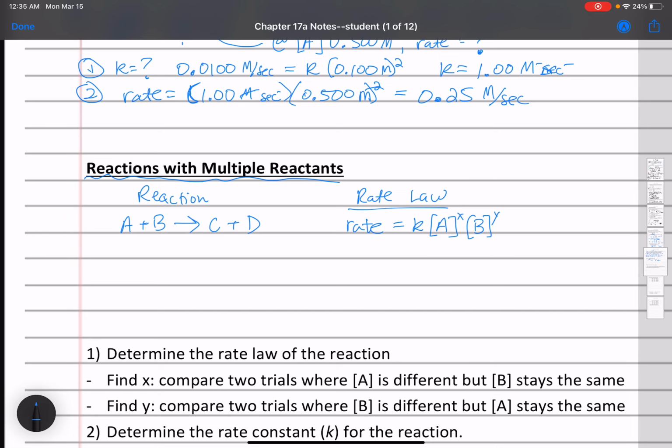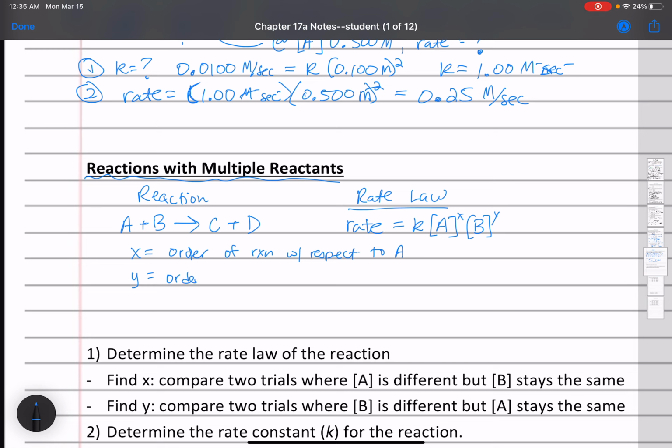So X is the order of reaction with respect to A. In other words, what effect the concentration of A has on the rate of the reaction.